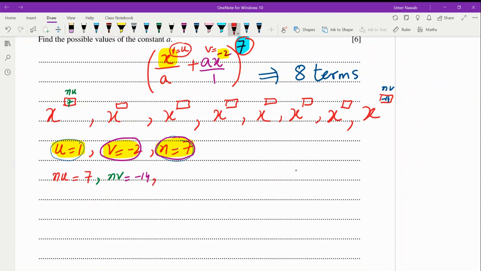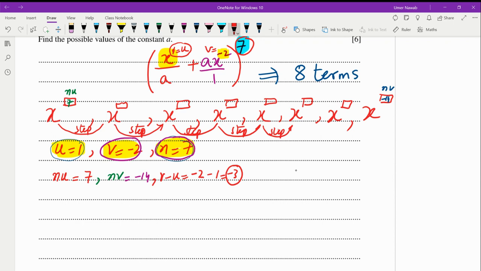You have to do v minus u. This will tell you the step. You understand? The constant step, like in an arithmetic progression, you see the same number will be added each time or subtracted each time. So you need to write the step. v minus u, your v is minus 2 and then minus 1. Oh, so your powers will be decreased by 3.